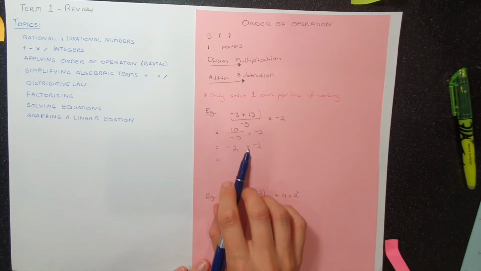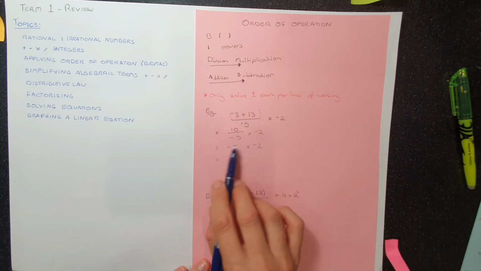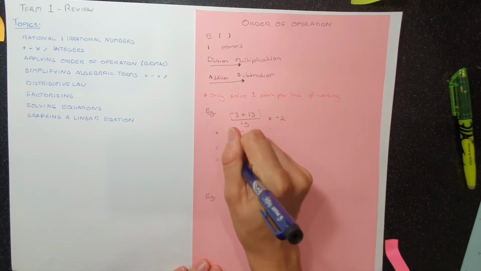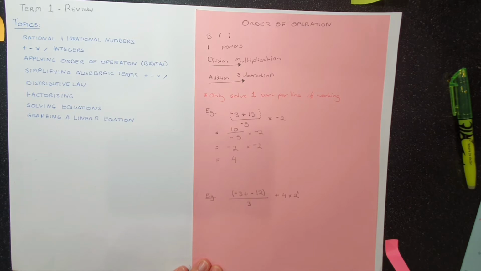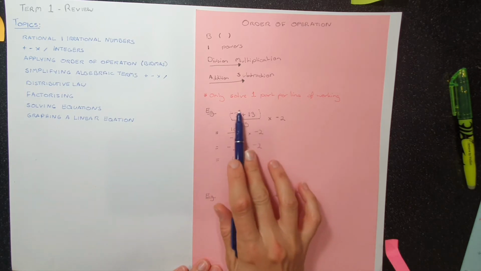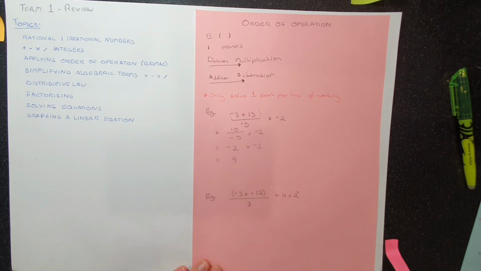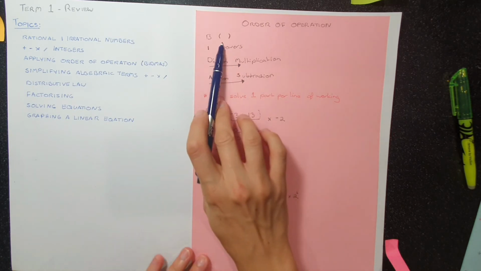Only one operator left, -2 times -2, a negative times a negative makes a positive, and 2 times 2 is 4. So working out one piece of the question in each line and making sure you work following your orders of operation.